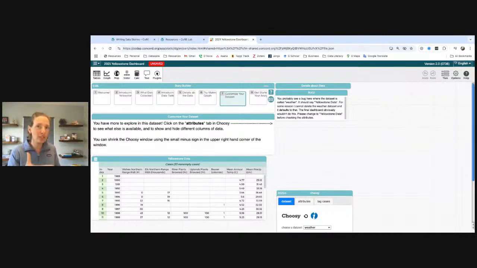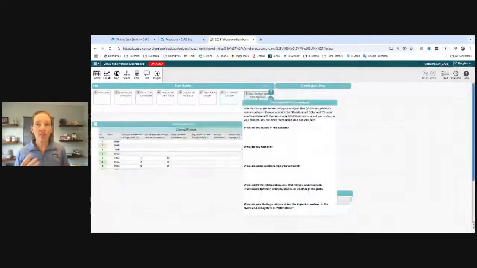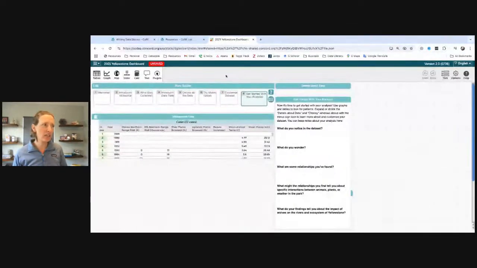It creates a scaffolded, step-by-step way to help students think about, oh, how do I get a sense of what's going on in the data? And then what is it I want to tell? What is it I want to find in the data and then tell in my data story?